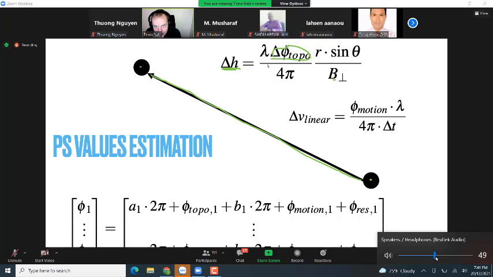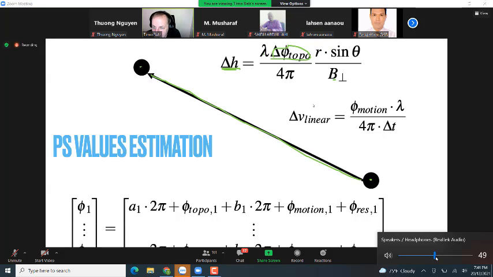So for a given height difference, we can calculate the given phase difference. So this relation we can set up.